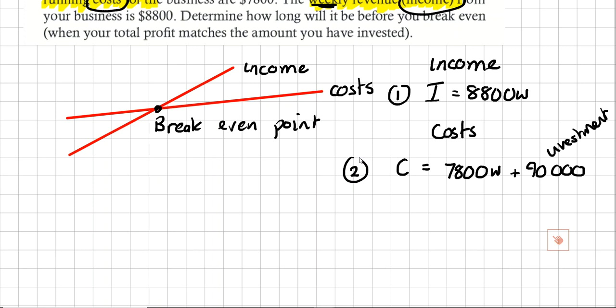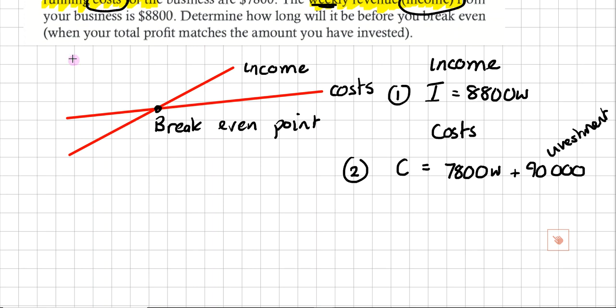Now, we need to be a little bit careful because actually I've now got two different letters. So I've got W for weeks, but I've got I and C, one for income and one for cost. But when I have simultaneous equations, I need only two variables, right? So what can we call it?